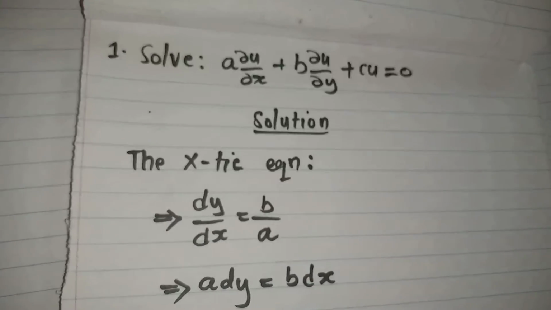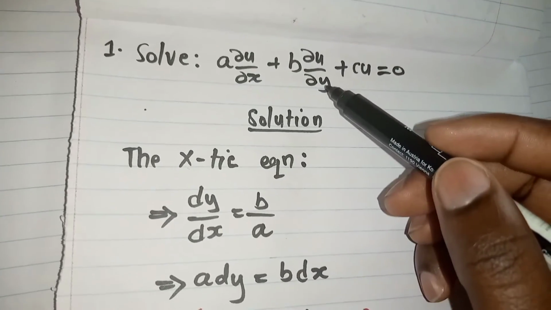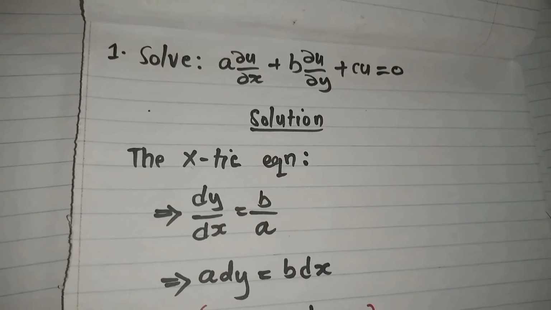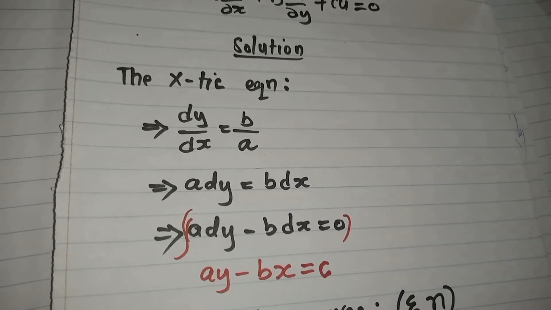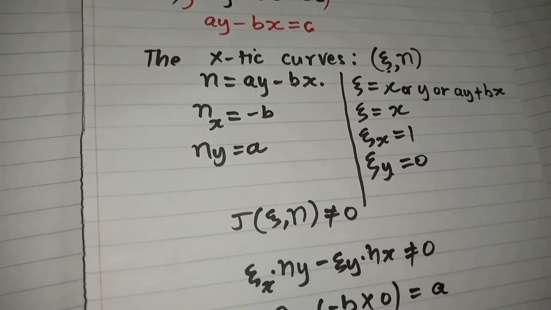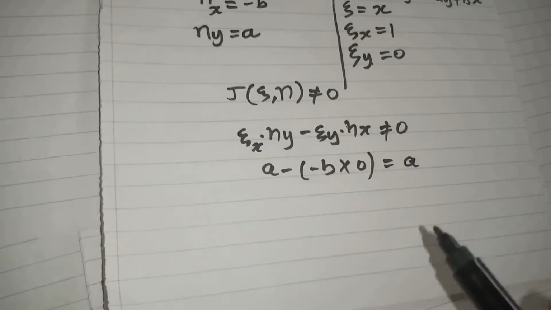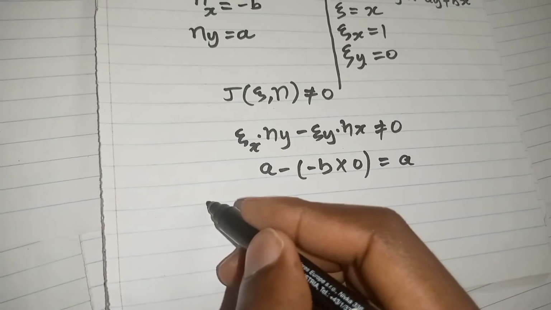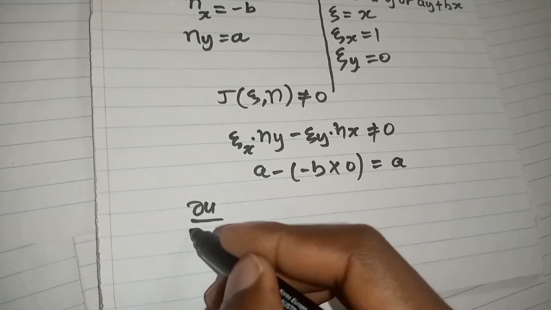x, and also the partial of u with respect to y in terms of the new variables, that is xi and nu. So now we are going to begin by obtaining the partial of u with respect to x.